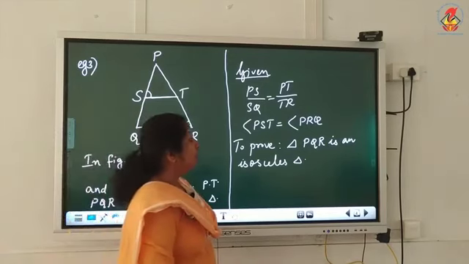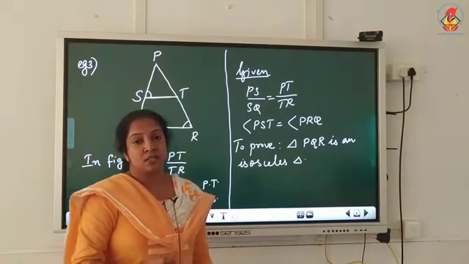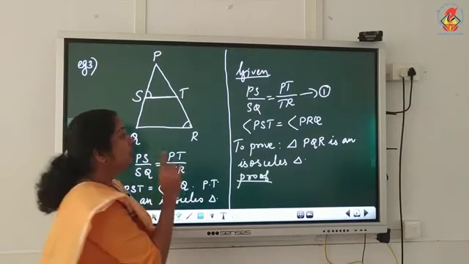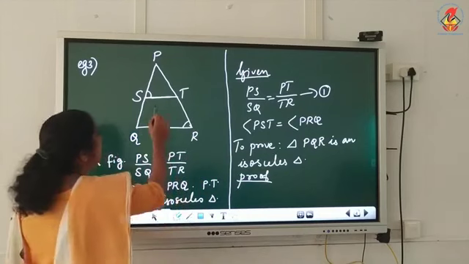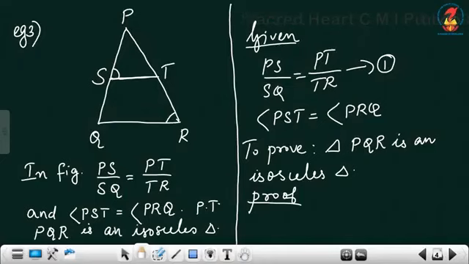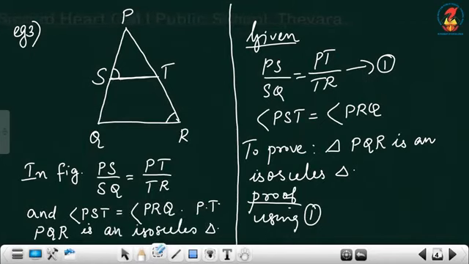For proving triangle PQR is an isosceles triangle, what we are proving here is the base angles are equal. Using the first equation, PS by SQ is equal to PT by TR, we can say that ST is parallel to QR using converse of BPT.